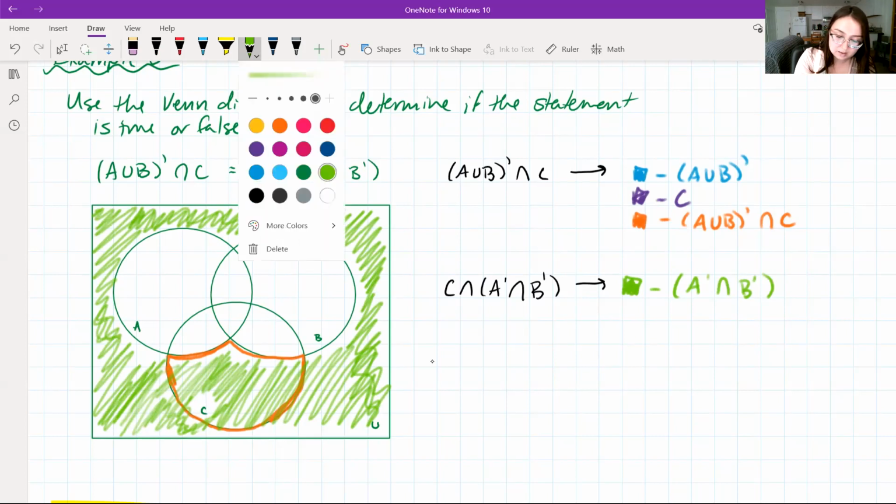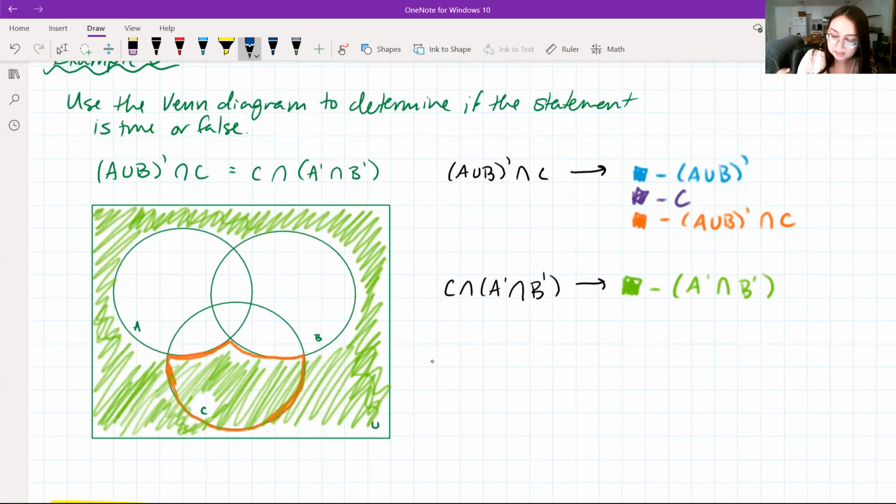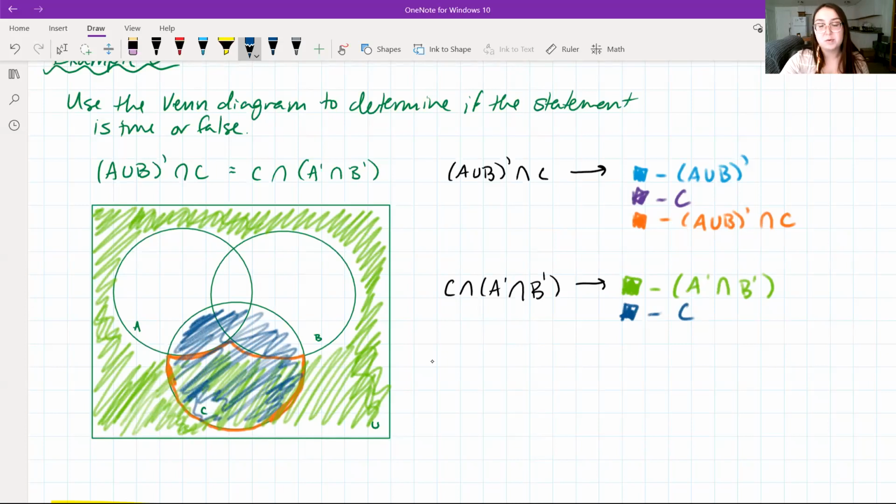So we can pick another color, navy. We'll say this navy color is going to be C. Before I get too far ahead of myself, we color in our whole area of C. And what we're looking for is C intersect with our areas of green.